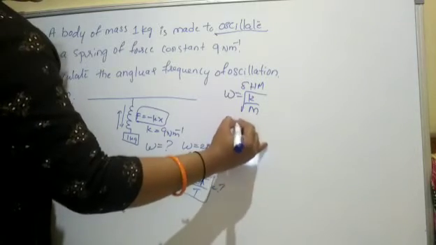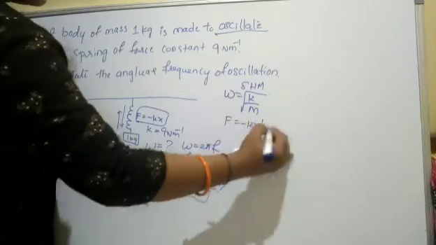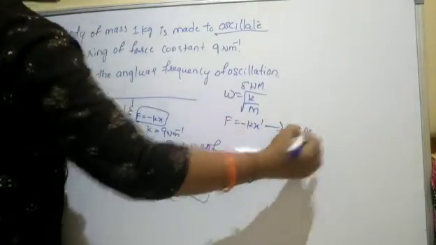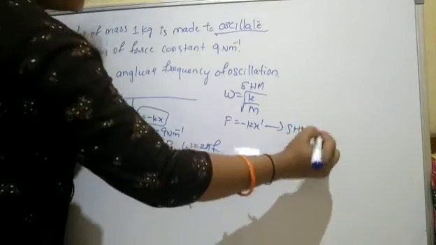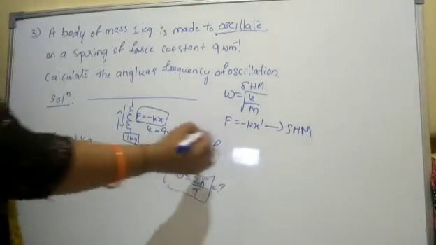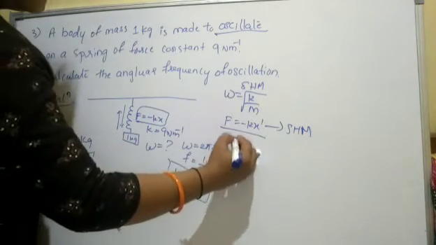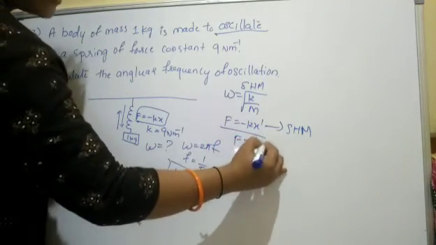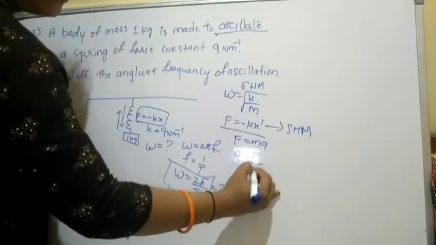You can calculate here. Minus kx is the simple harmonic form. In the first video class we discussed that if a body executes simple harmonic motion, it should experience this force. When you compare with the force acting on the body, acceleration is force by m.